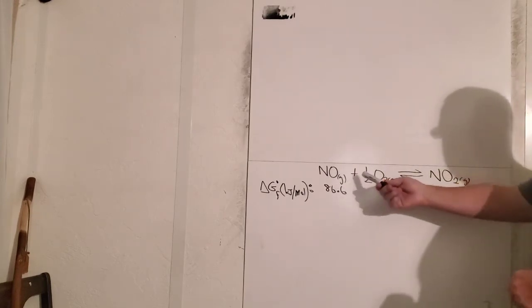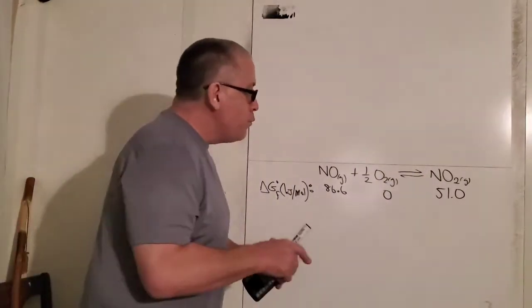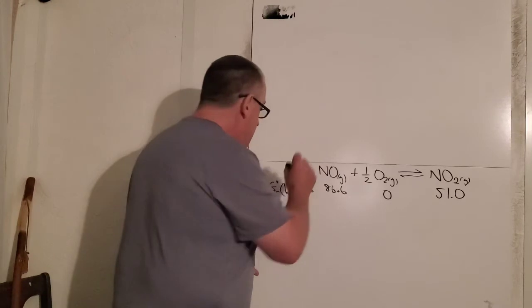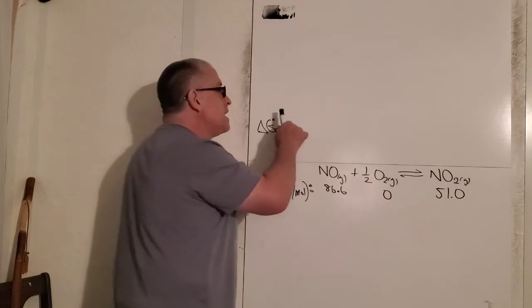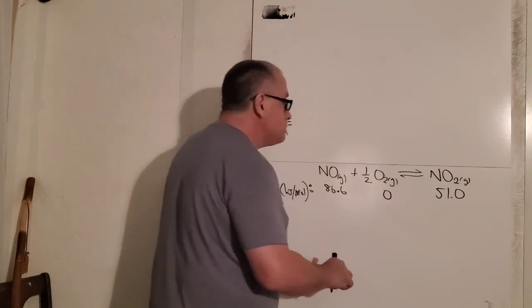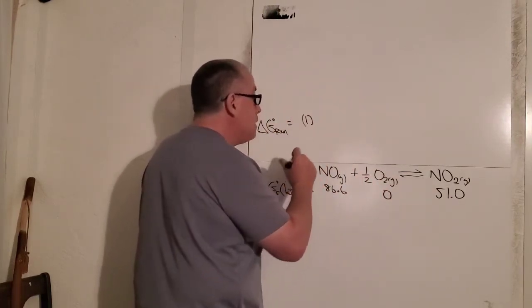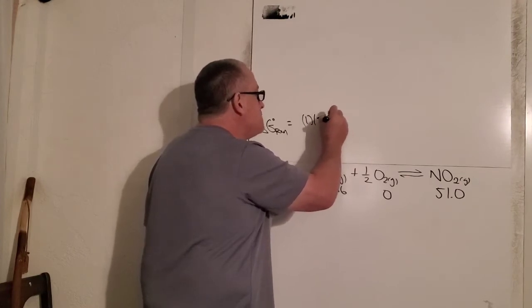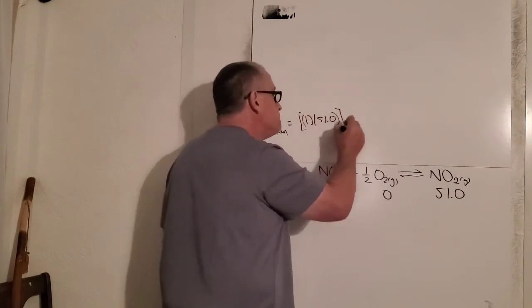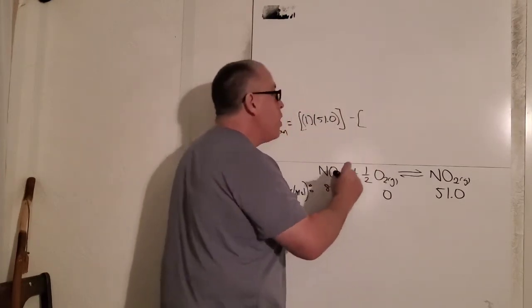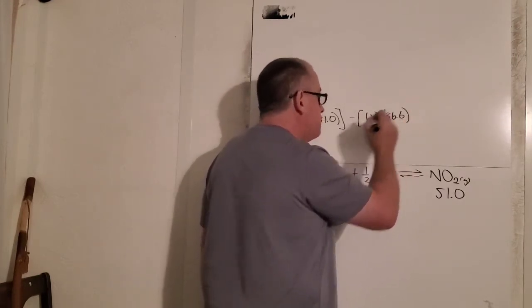If I want to calculate the Gibbs free energy of reaction for this, just like we did last time with the previous problems, the Gibbs free energy of the reaction is going to be products minus reactants. I have 1 mole of this, so it's going to be 1 mole of that times 51.0 kilojoules per mole, so you see how the per moles are going to cancel out, minus 1 mole of this times 86.6 kilojoules per mole.